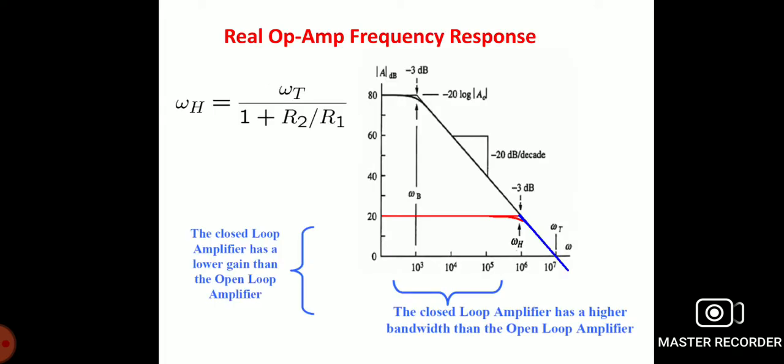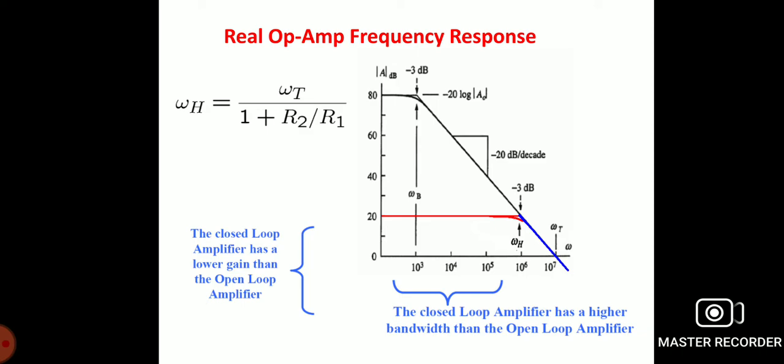The gain is equal to the output voltage divided by the input voltage, which is minus R2 divided by R1, over 1 plus (1 plus R2 divided by R1) divided by A naught, which is equivalent to the negative of R2 by R1 divided by 1 plus s times (1 plus R2 divided by R1) divided by omega T. So the gain of the differential amplifier is K divided by 1 plus s divided by omega naught.